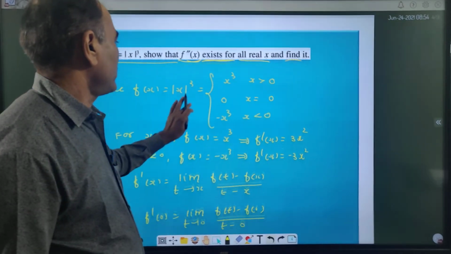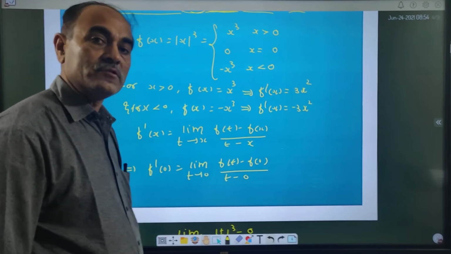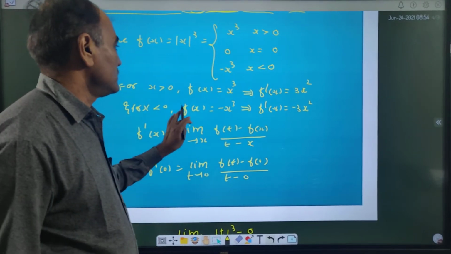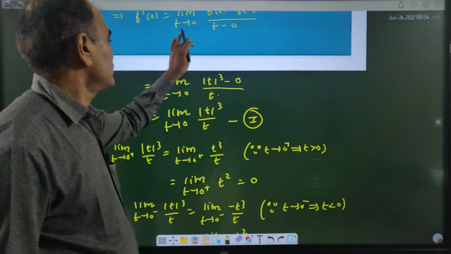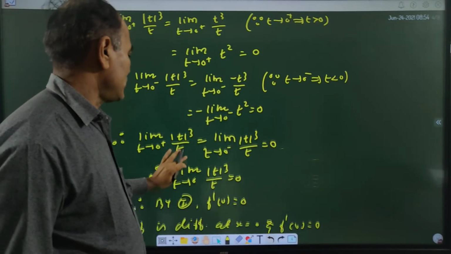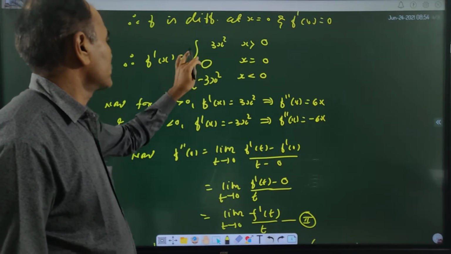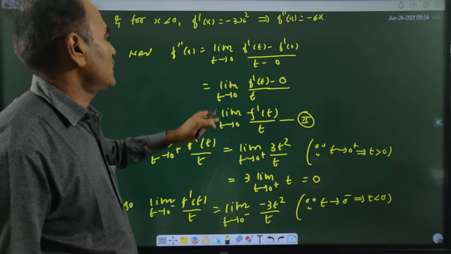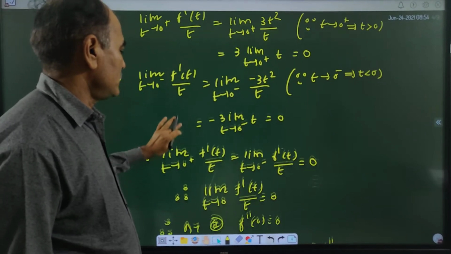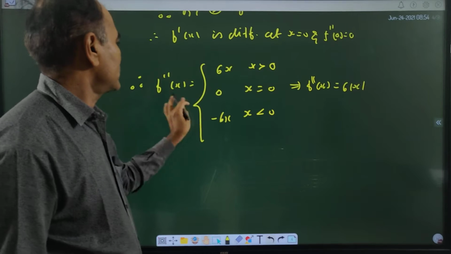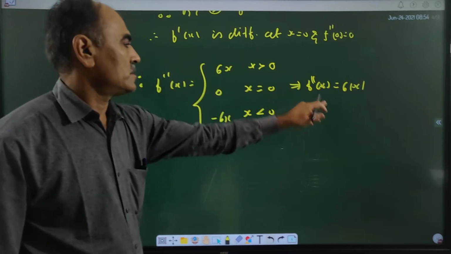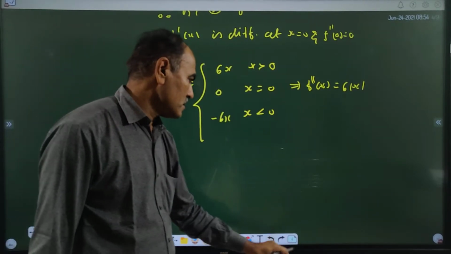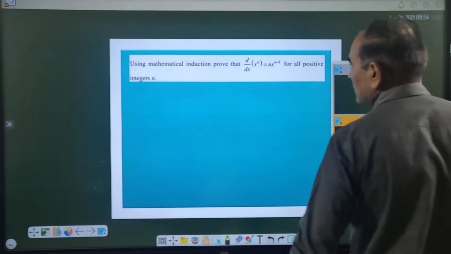First of all, write f x using modulus, then check for the first derivative, then you get the first derivative of this form, then you check if the second derivative is also possible, writing the second derivative in this form, so it is in the form of modulus.